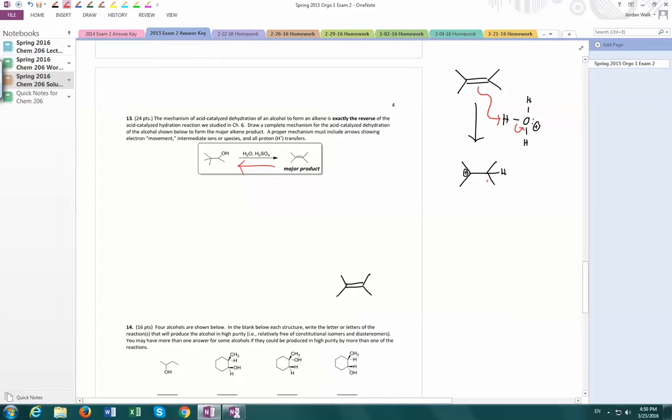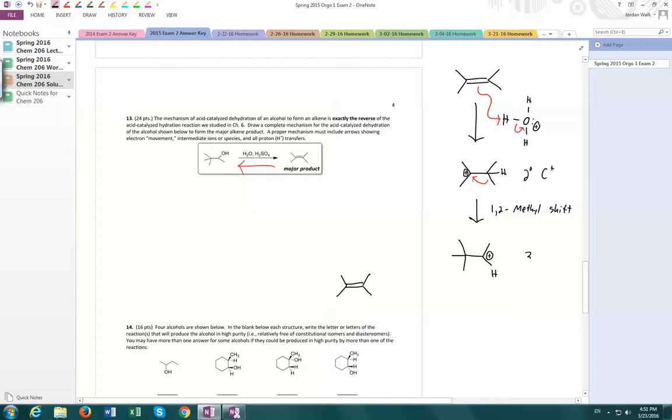So let's do a 1,2 methyl shift. And in doing a 1,2 methyl shift, we would end up with this structure. Okay, and so up here we have a secondary carbocation.